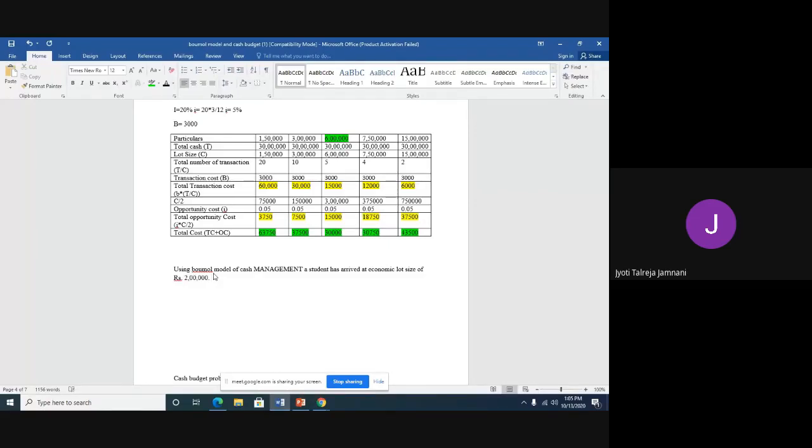If the estimated cash need is rupees 20 lakhs per year, cost of conversion is rupees 2000 per transaction.